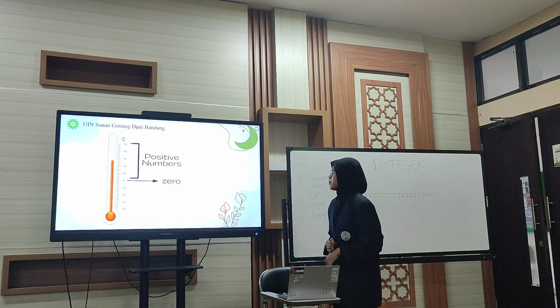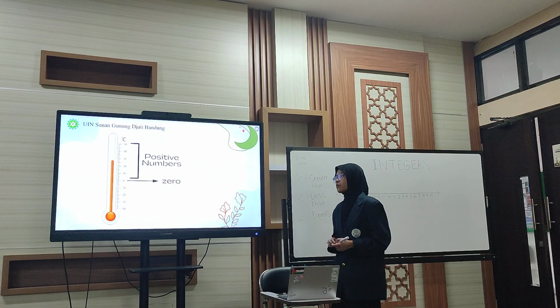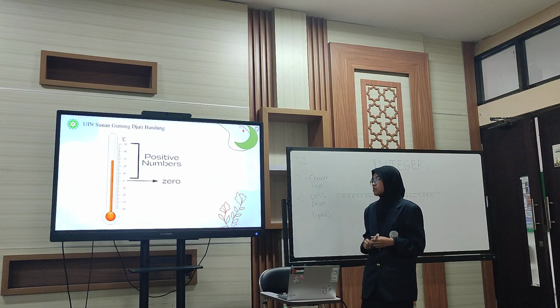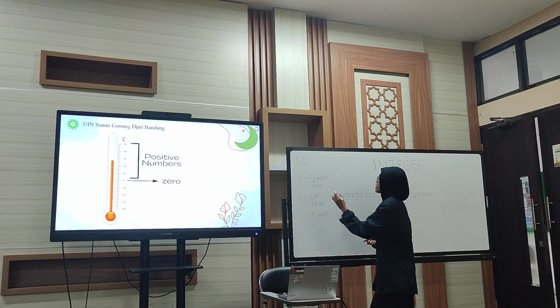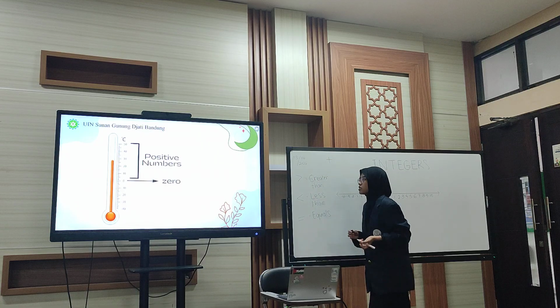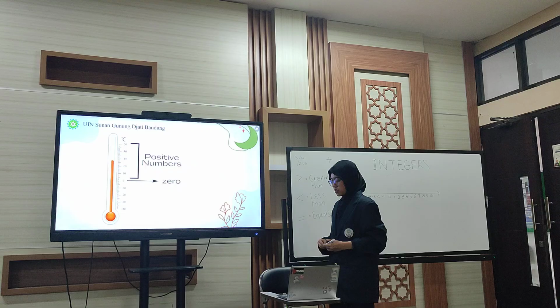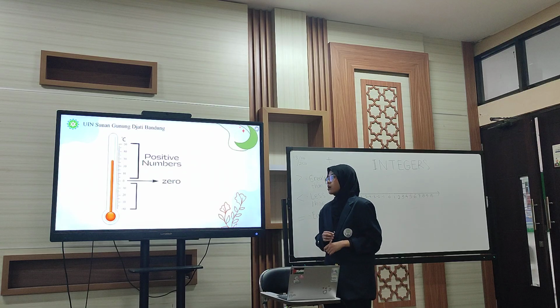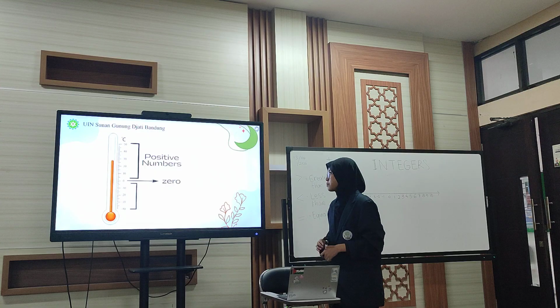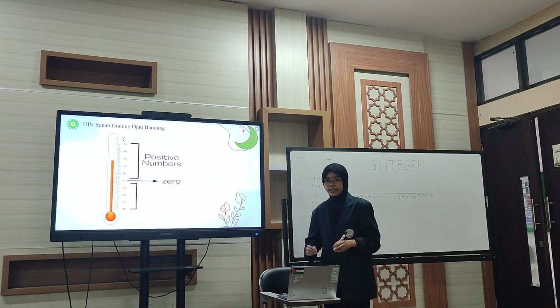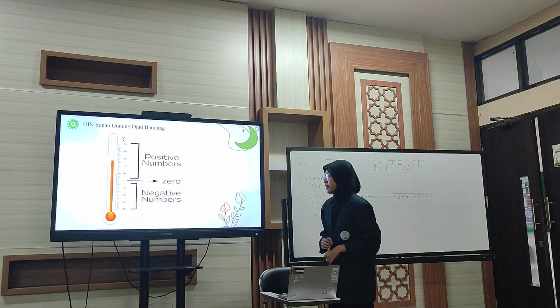We call it positive numbers. You can write it with the positive sign, or just write the number as usual without the sign. And the third type is below the 0, starting from 1 but with the negative sign. We call it negative numbers.